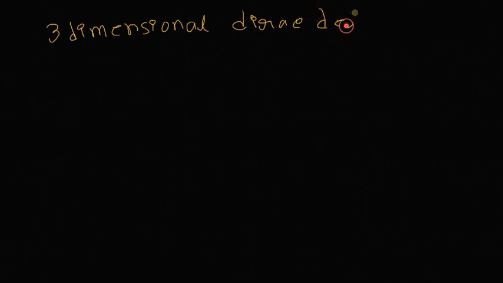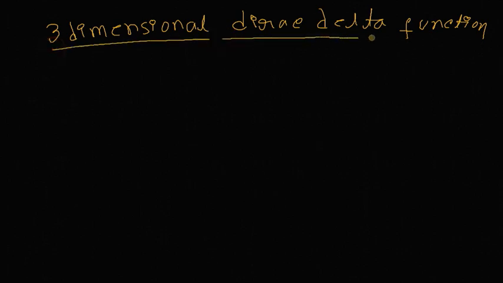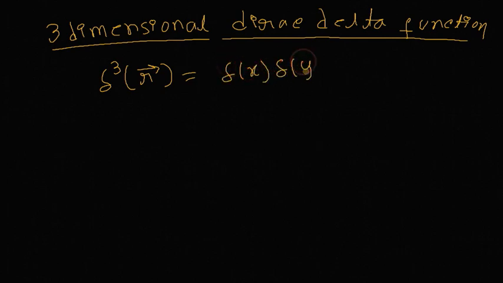Again, the three-dimensional Dirac delta function will be del cube of r vector equal to del of x, del of y, del of z.